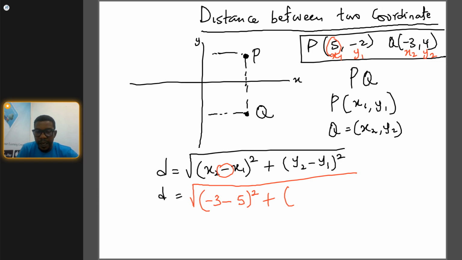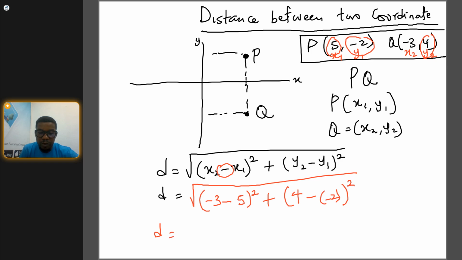Now we want to consider y. Y2 is 4, minus, we want to consider y1. So what is y1? Y1 is minus 2. So we have minus in brackets and close the bracket, square.